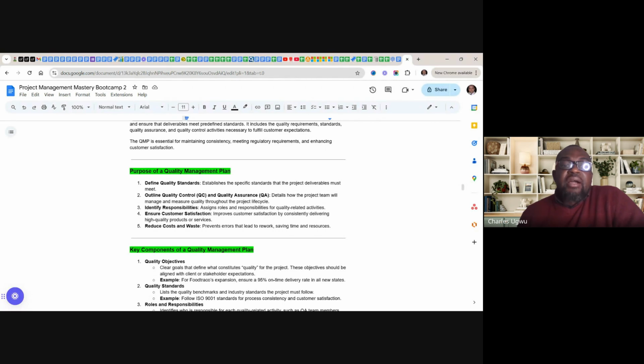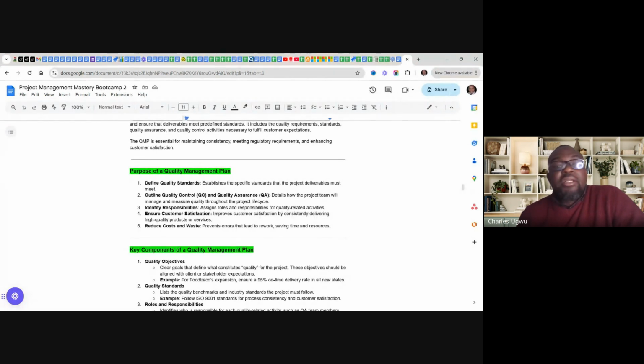Number three, identify responsibilities. Assign roles and responsibilities to quality-related activities. Number four, ensure customer satisfaction. Improve customer satisfaction by consistently delivering high-quality products or services. Number five, it helps to reduce costs and waste. Prevent errors that lead to rework, saving time and resources.